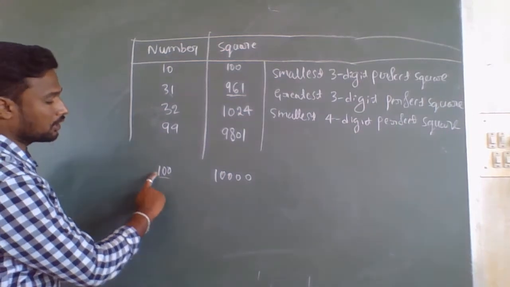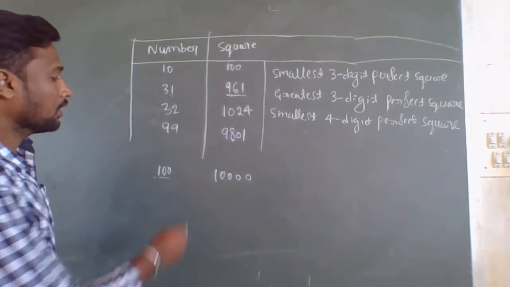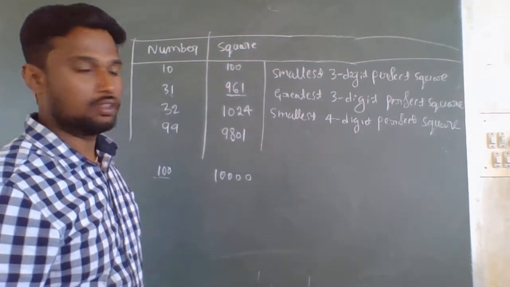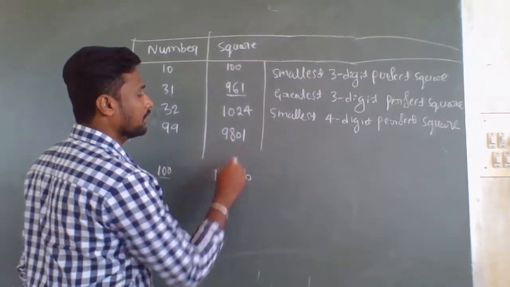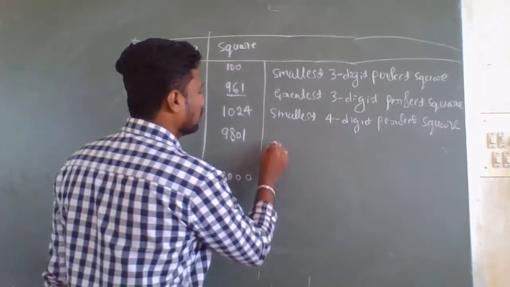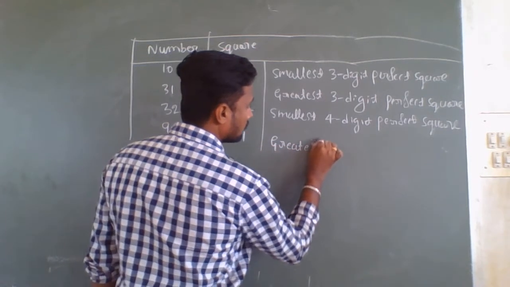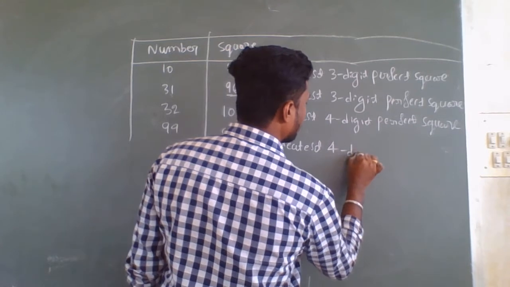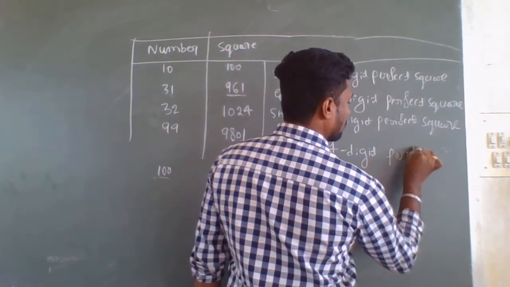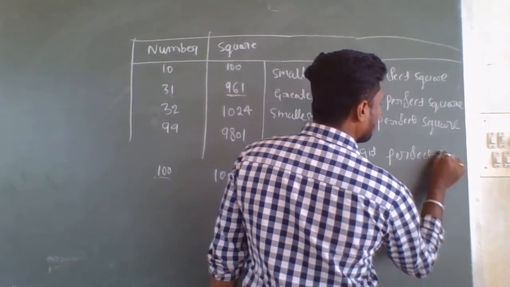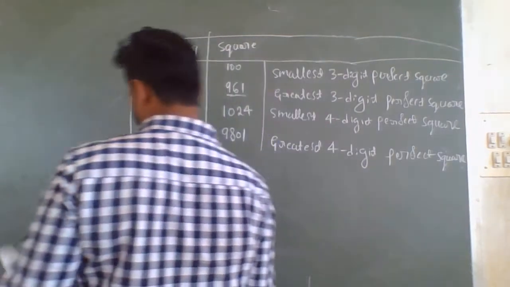When you multiply 100 into 100, the square value is 10,000, which contains 5 digits. Here we are talking about only 4 digits. So 9801 contains 4 digits, which is the greatest 4 digit perfect square.